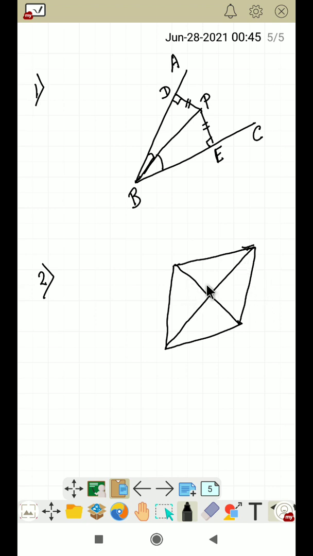Here you just have to remember the theorems, no need to prove them. In a rhombus, the diagonals perpendicularly bisect each other.